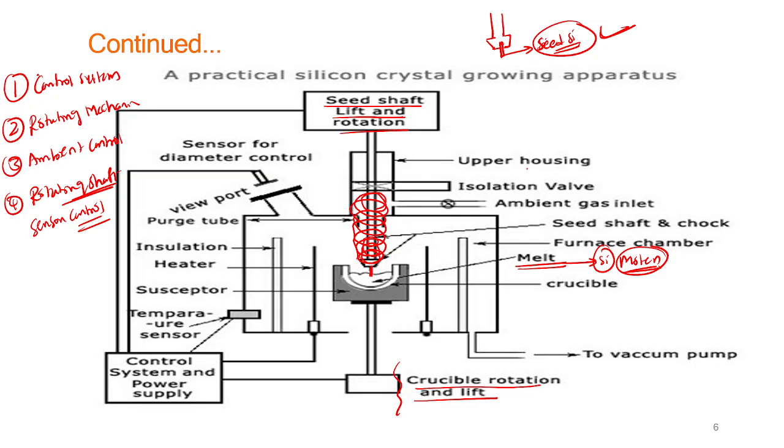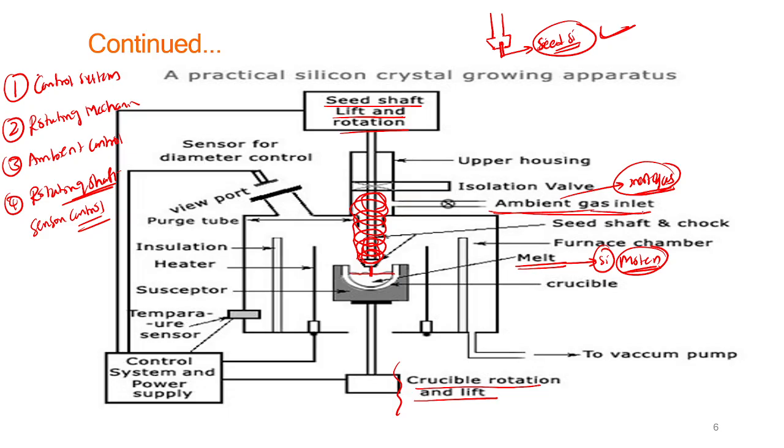Okay, and basically this is molten silicon. It can get contaminated with other gases. In order to overcome that contamination, you need an ambient gas inlet. Ambient gas inlet means you are passing some inert gases, like argon gas. This is nothing but the ambient inlet.